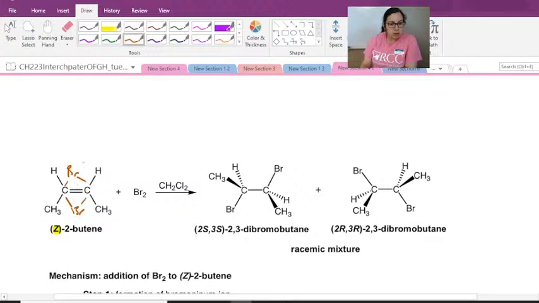Either way it blocks that face, and then the other bromine attacks from the other side. Let's do it just on the top for simplicity, so we can walk through this. Bromine forms the bromonium intermediate, that forces our other bromine to attack from the bottom, and that forces that up.